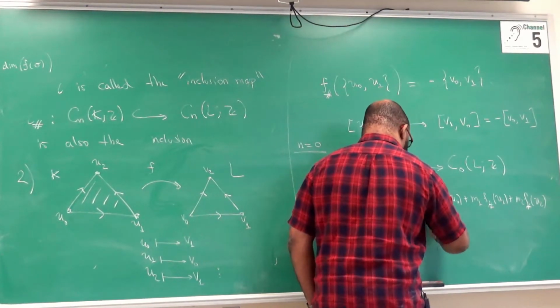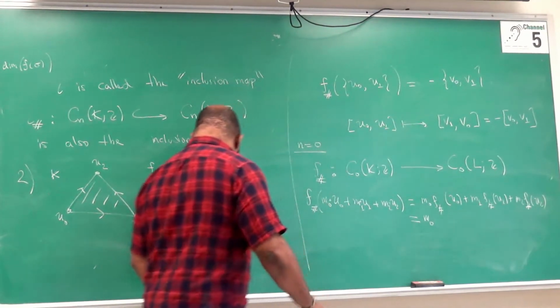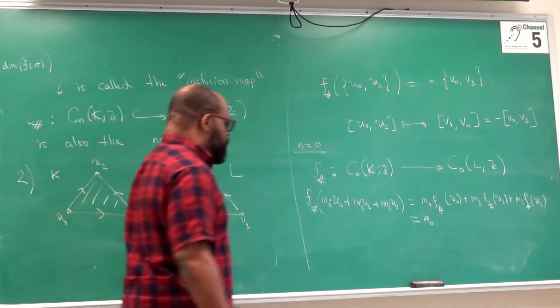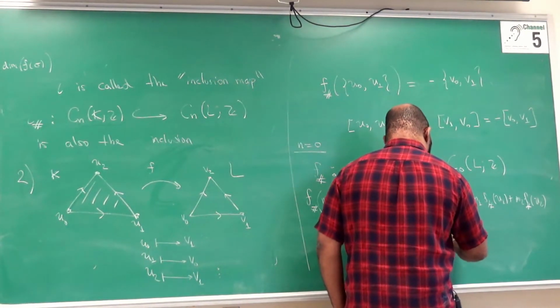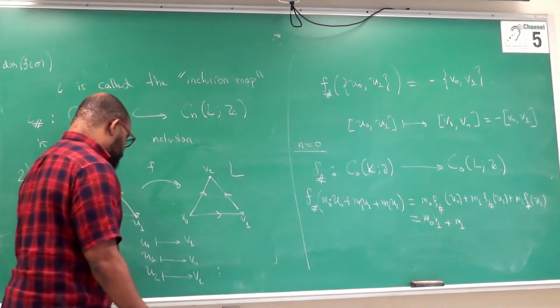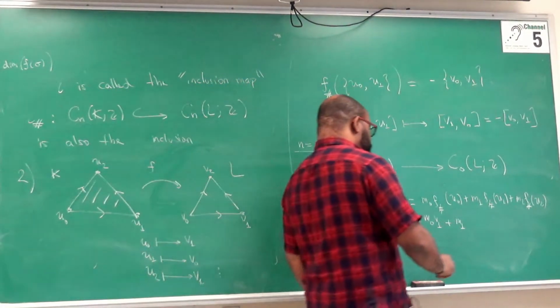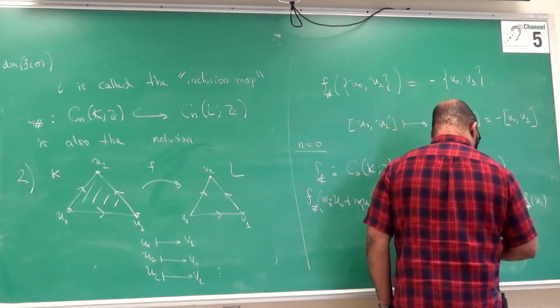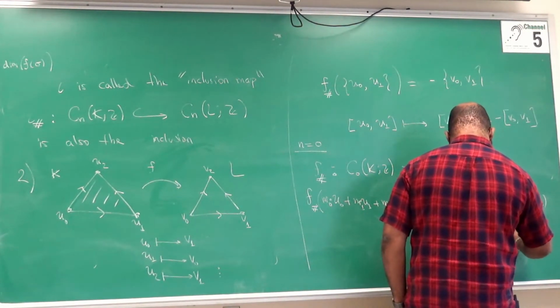so now this is equal to M0 times, so F sharp of U0 is V1. U1 is V0. And the last one is V1 as well.